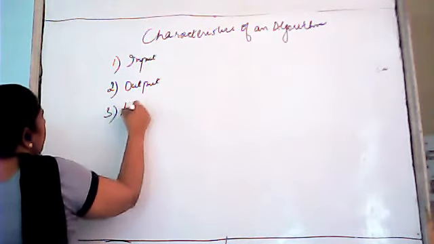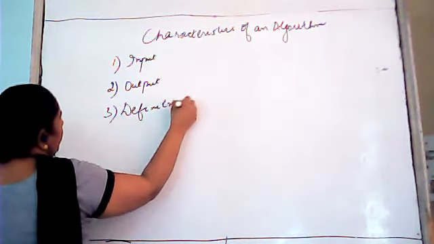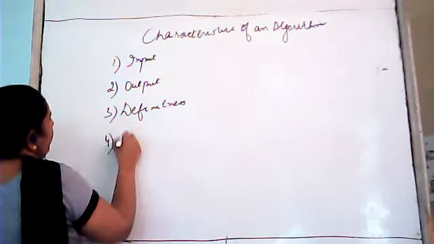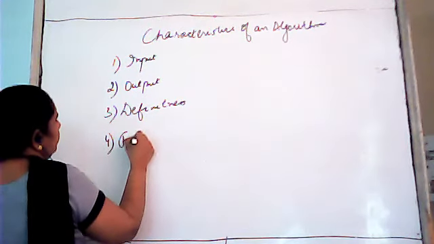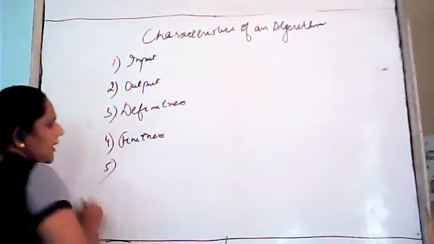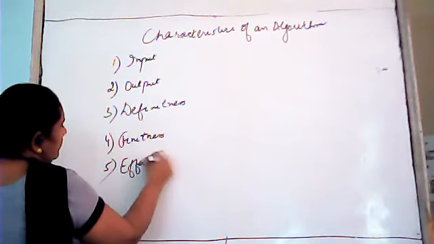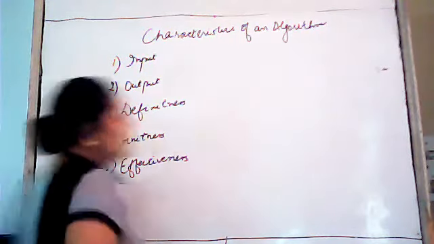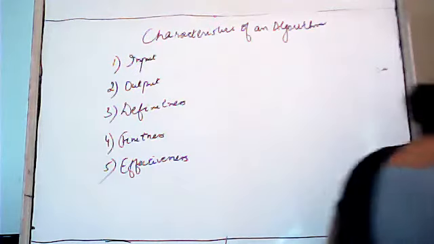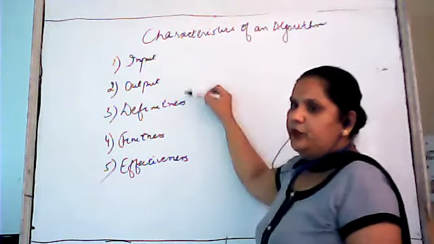Third is definiteness. Fourth is finiteness. And fifth is your effectiveness. So there are 5 characteristics: input, output, definiteness, finiteness and effectiveness.